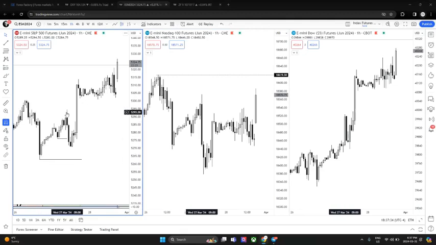Usually, whenever price is going to expand like this, you have sequential SMT occurring, which did occur. With this leg down, we had two price legs being formed here and here.